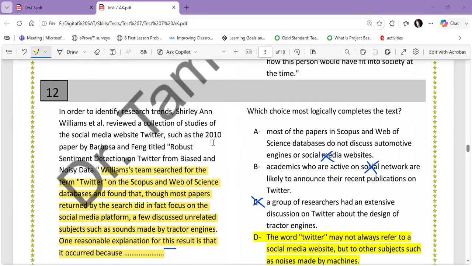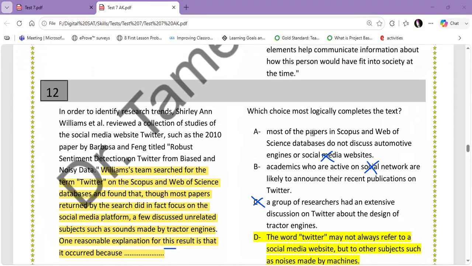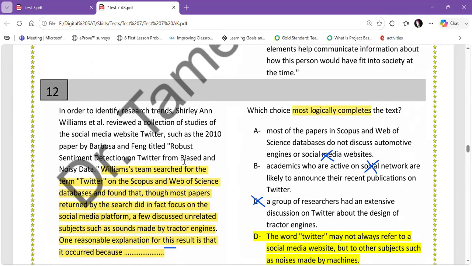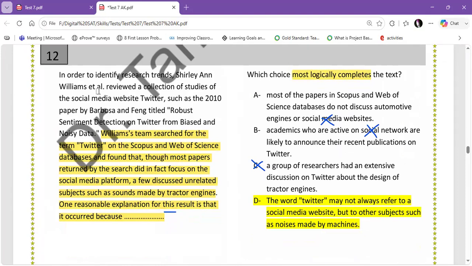I'm sorry, number 12. You all got it right. Here we're talking about the most logically complete. We did the inference, and we said in the inference you have to read the whole text and find the thing that is repeated.